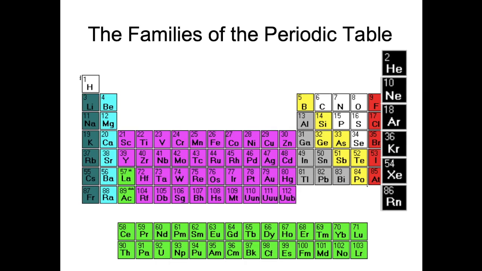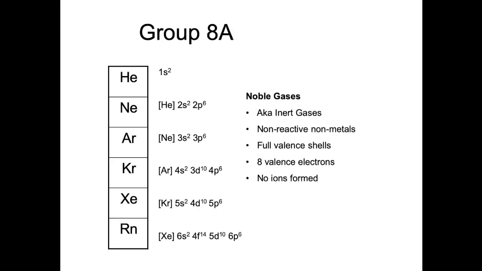Next up, we have group 8A, also labeled as 18. Group 8A are called the noble gases, or sometimes called the inert gases, because these nonmetals are completely non-reactive. Naturally, they will not react with any other elements, which is why they were some of the last elements to be discovered.